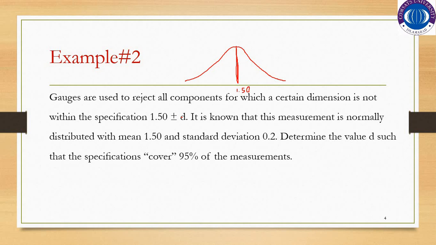So we will have the upper limit and lower limit. 1.50 minus d is the lower limit, and 1.50 plus d is the upper limit. By subtracting d, which is unknown, from the mean, we will go somewhere here.